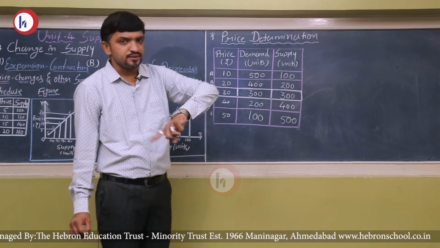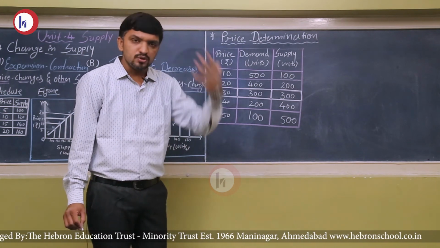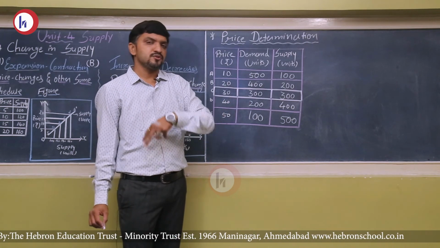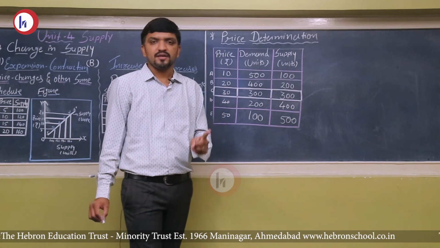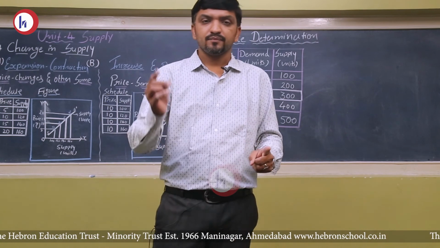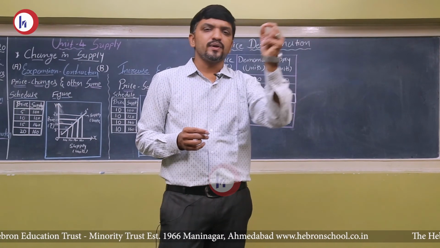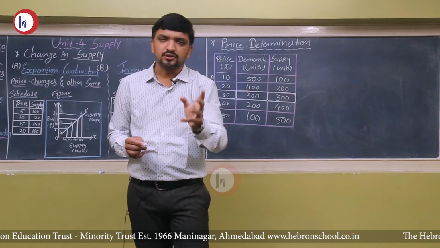At rupees 30, a customer is ready to buy 300 units and a supplier is ready to supply 300 units. Here, the demand curve and the supply curve intersect each other.